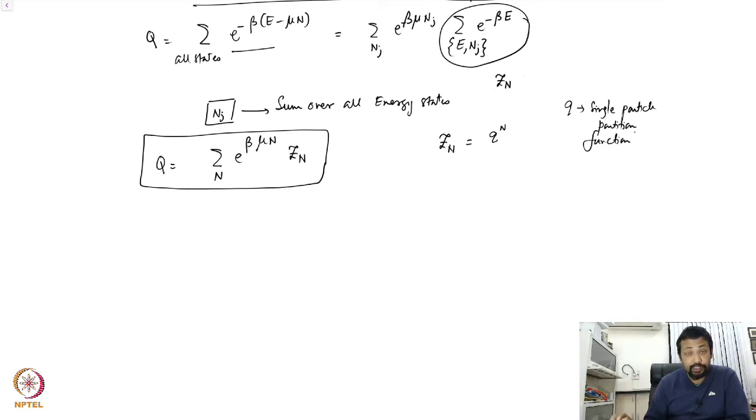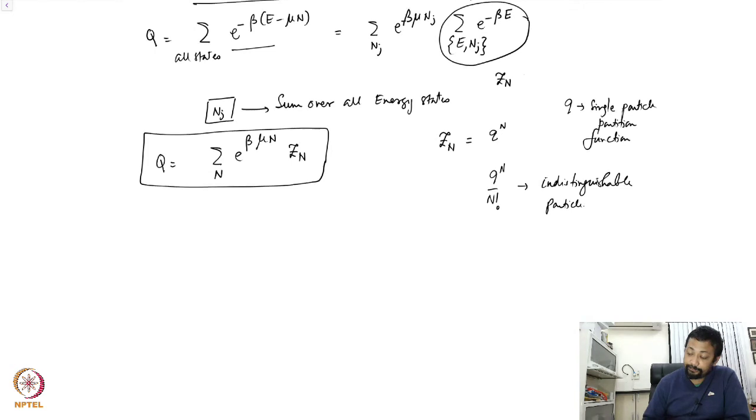When we did the canonical ensemble, I had represented the single particle partition function with capital Q, right? And depending on whether you have distinguishable particles, you will have q to the power n, or you will have q to the power n over n factorial for indistinguishable particles.